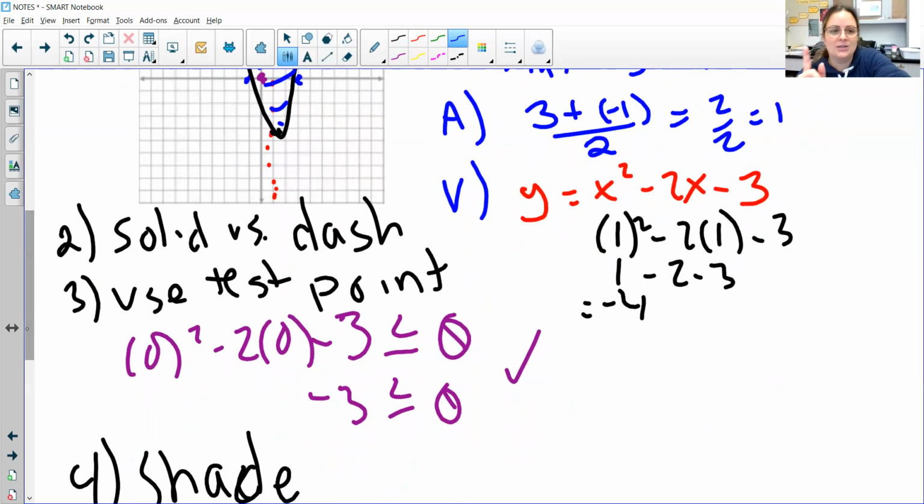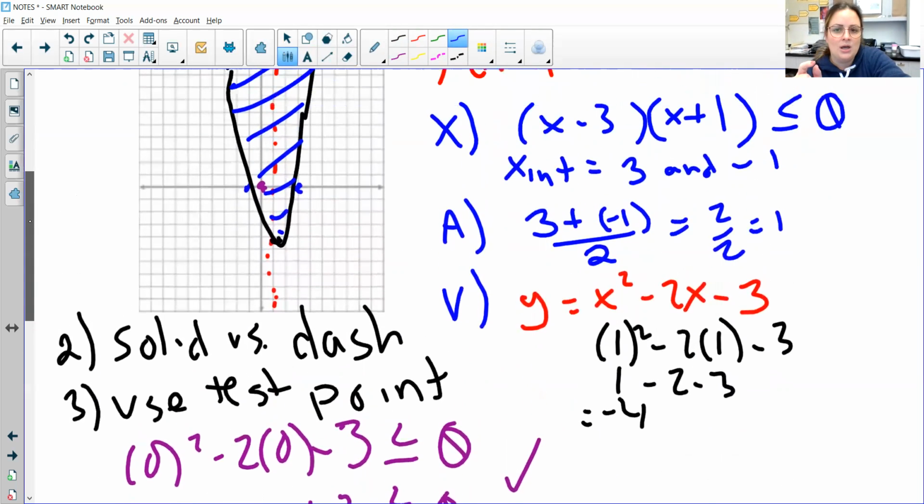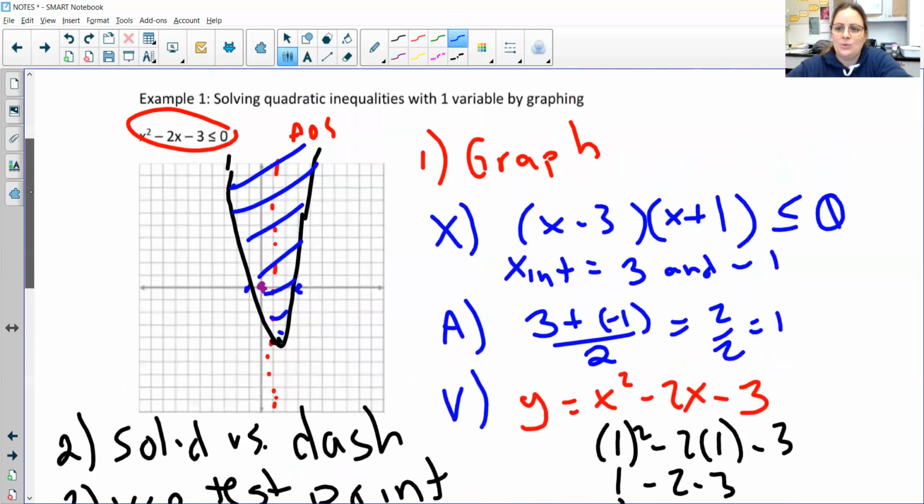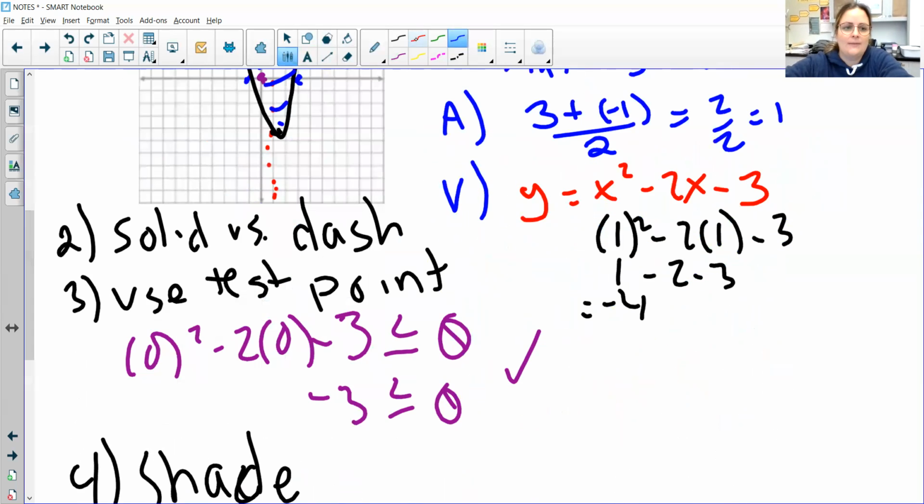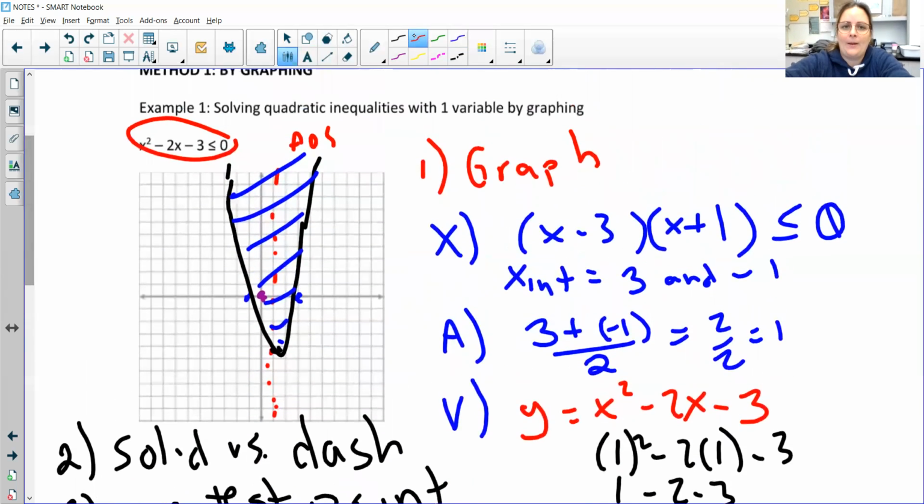So this is where there's a little bit of a difference. Okay, so because it was less than or equal to 0 instead of less than or equal to y, it means that the solutions for this inequality exist only on the x-intercept. So they only exist in this area here because that is where y is 0.